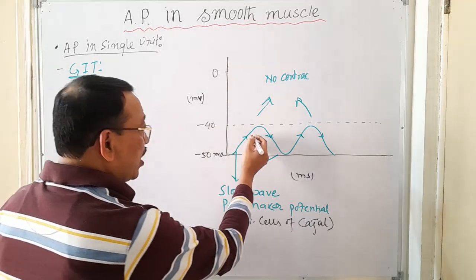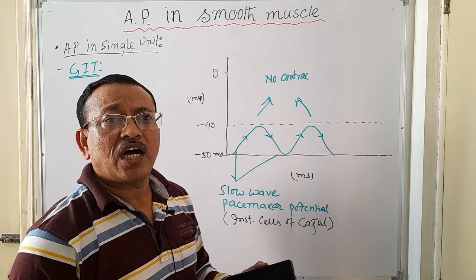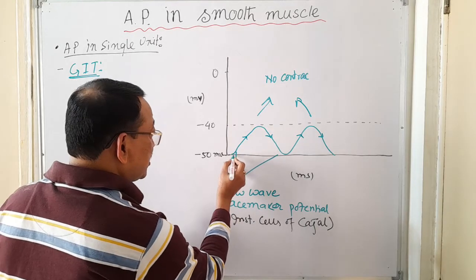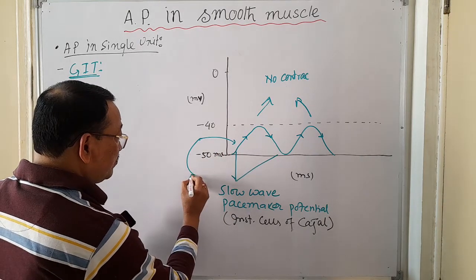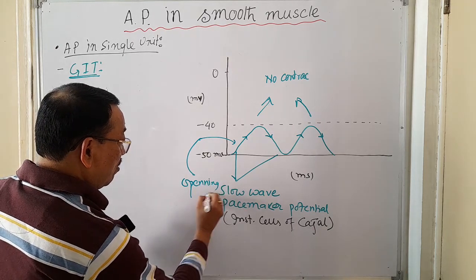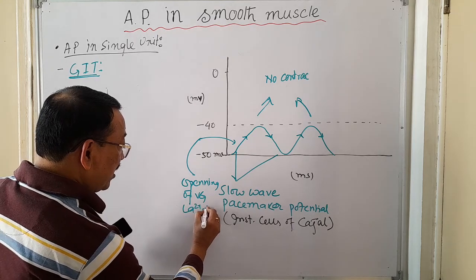And this slow wave potential is because of the opening of voltage gated calcium channels.